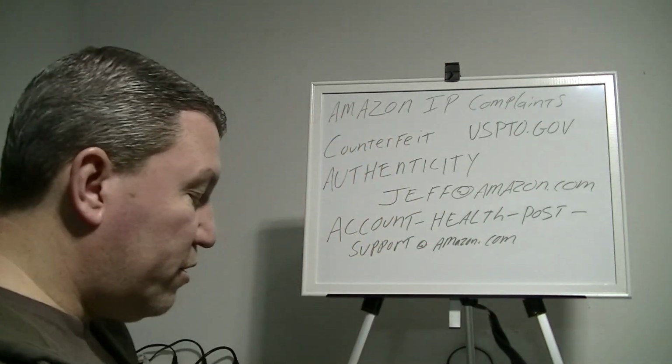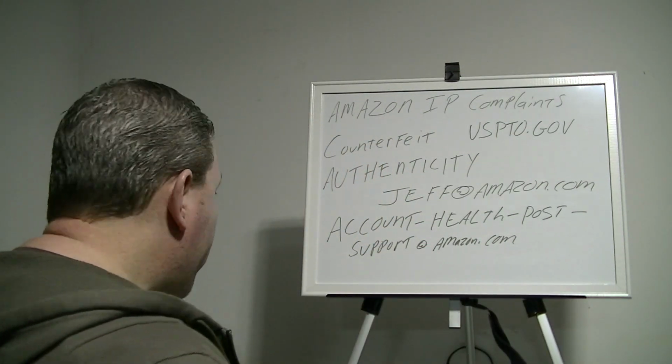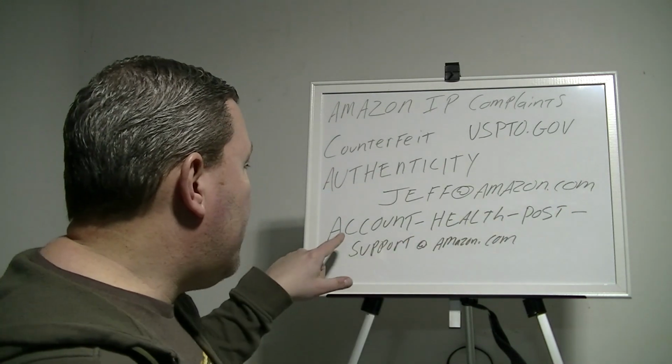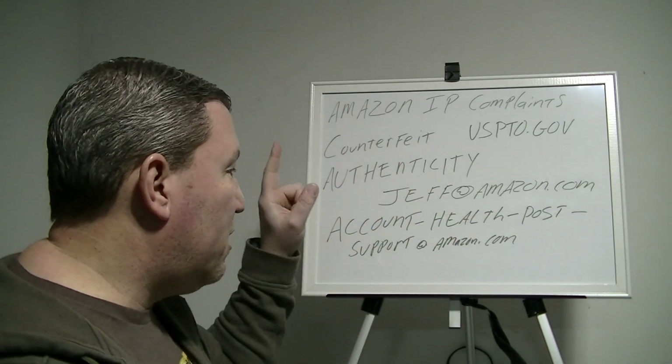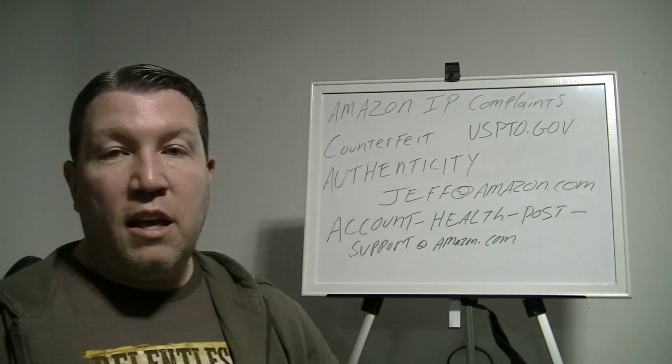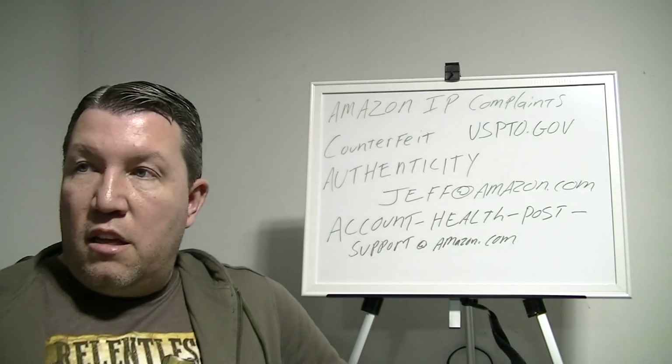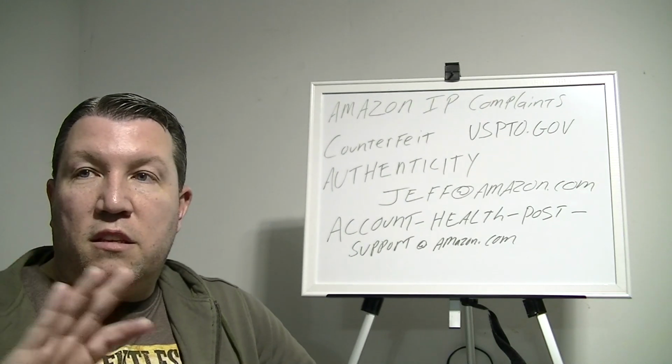Okay, so write those 2 down if you can read it. Jeff@amazon.com and account-health-post-support at amazon.com. And what you do there is, you put in the subject your complaint ID.